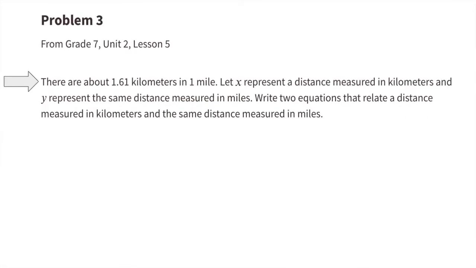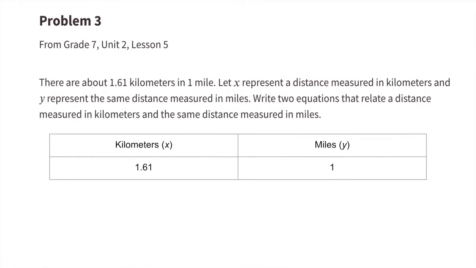Number 3. There are about 1/6100 kilometers in 1 mile. Let x represent a distance measured in kilometers and y represent the same distance measured in miles. Write 2 equations that relate a distance measured in kilometers and the same distance measured in miles.